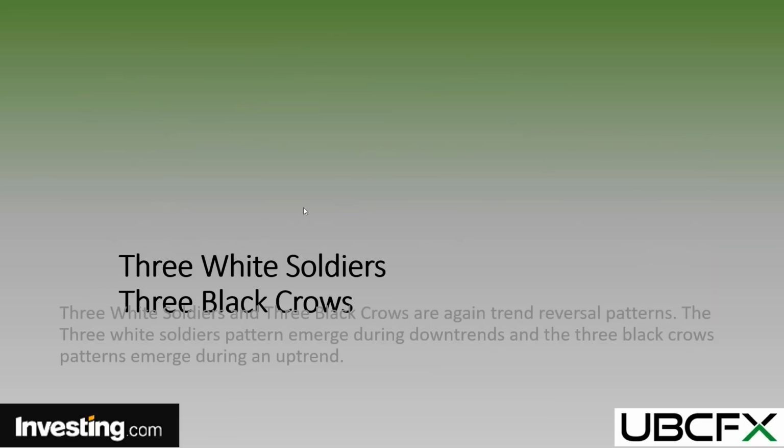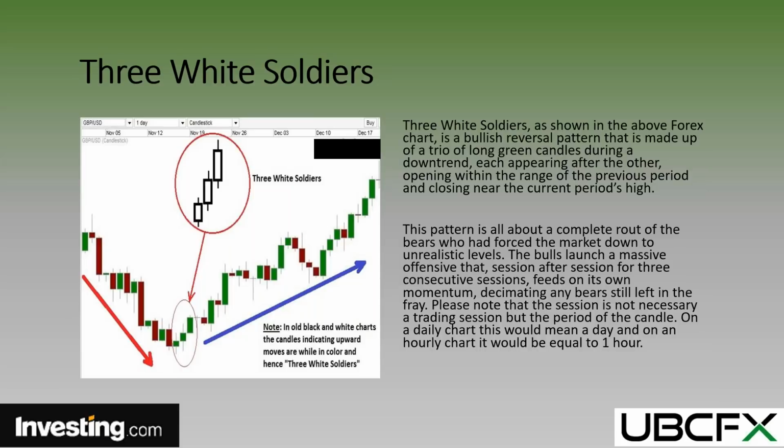Then we go to three white soldiers and three black crows. Now, again, these are trend reversal patterns. Three white soldiers is a bullish reversal pattern. It's made up of a trio of long green candles during a downtrend, each appearing after the other, opening within the range of the previous period and closing near the current period's high.